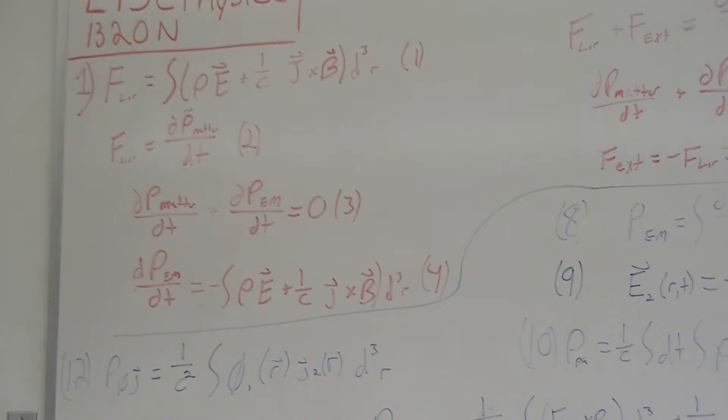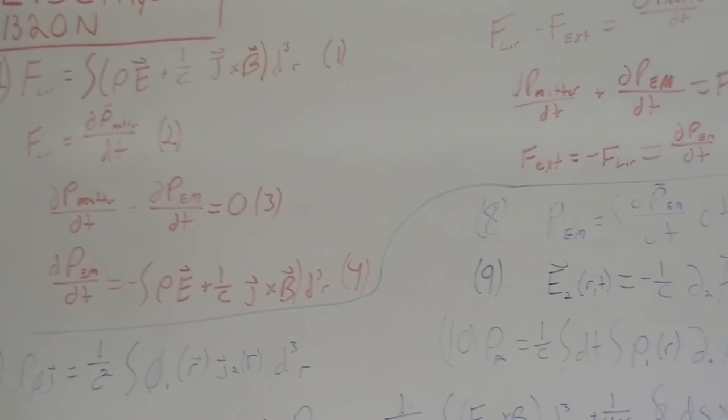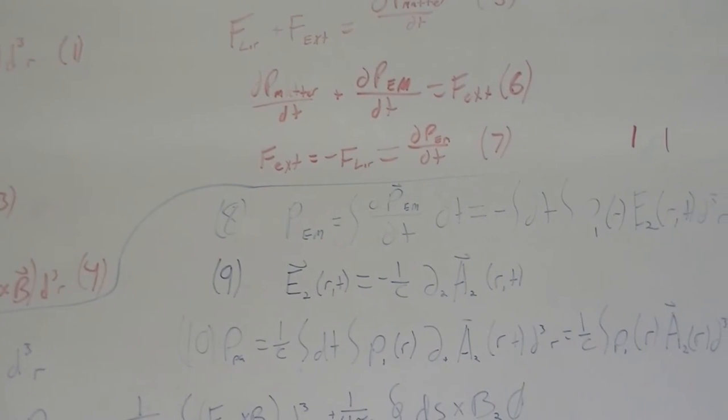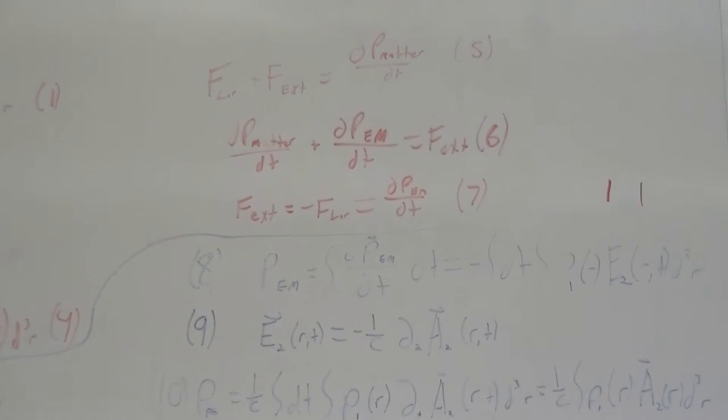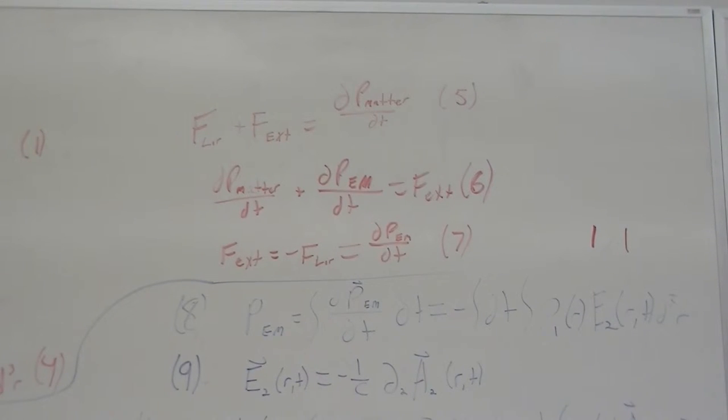The Lorentz force describes the motion of matter caused by the electromagnetic field, which then leads into also applying an external force, which gives us these two equations at the top here, 5 and 6.